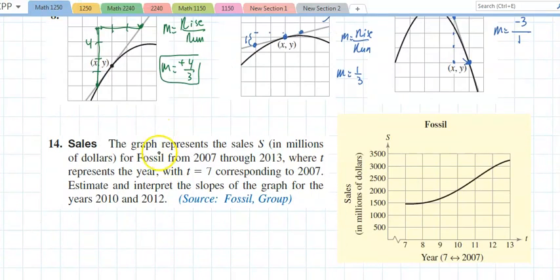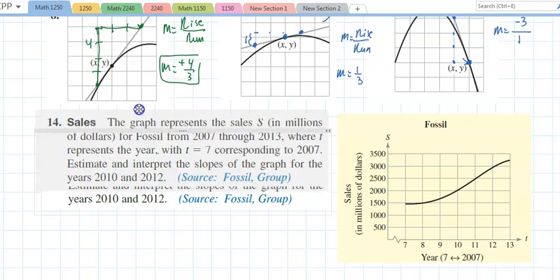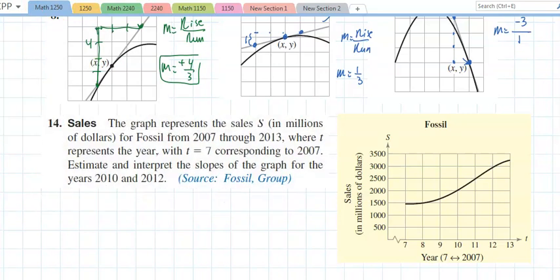It says the graph represents the sales in millions. Oh, actually, no need to point that. It's right there.